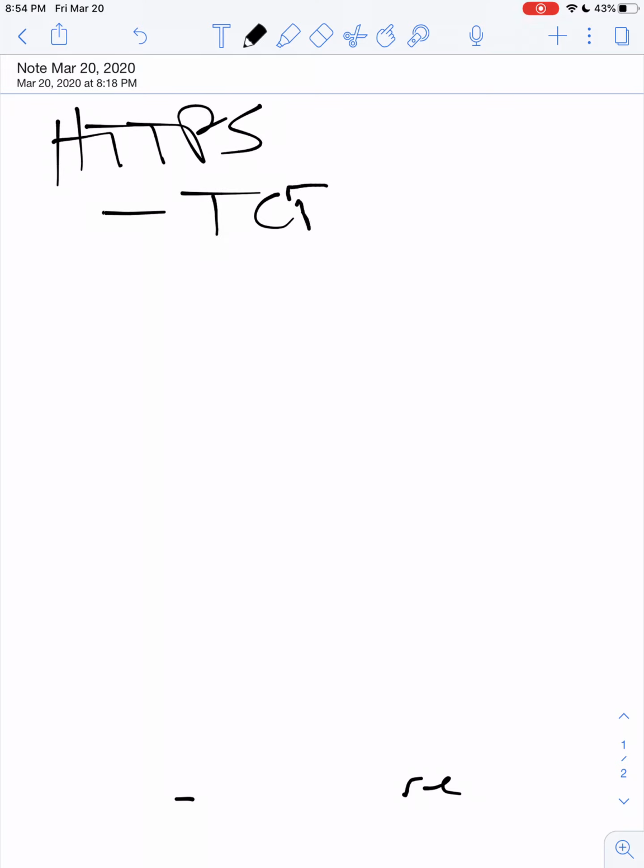Next protocol we have is HTTPS. This uses TCP 443. Right now, HTTPS accounts for around 45 to 50% of the traffic on the internet. It's rapidly scaling up.